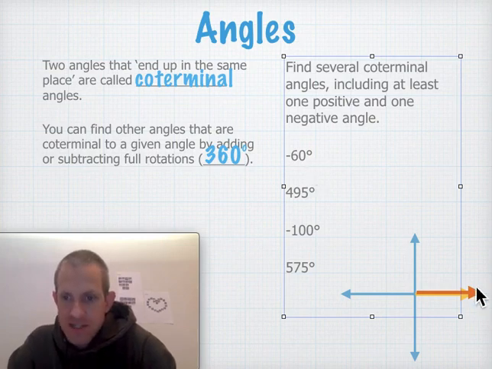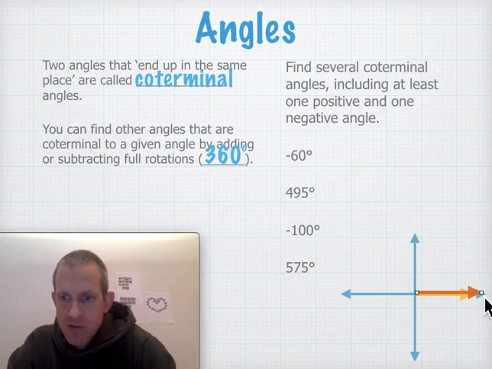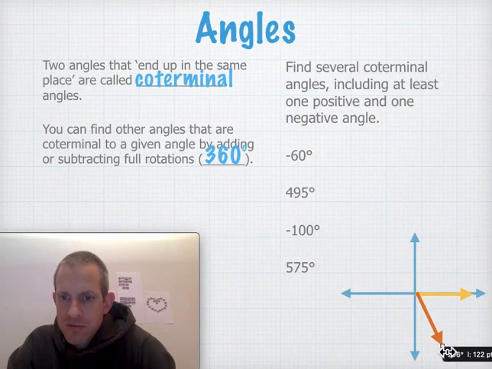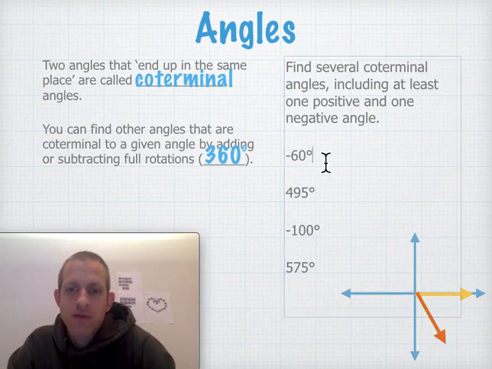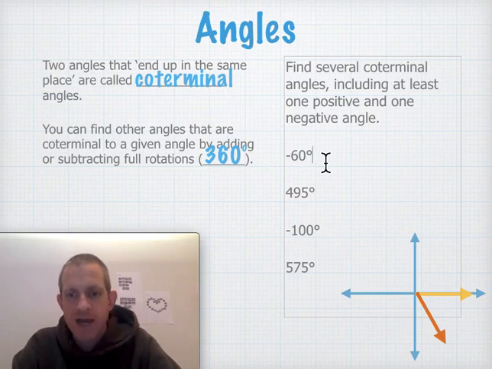So negative 60 degrees, if you wanted to picture that a moment, negative 60 degrees is down here. And in fact, there, it's at exactly 300 is where negative 60 is coterminal to. And how you could have calculated that without drawing it and having the protractor pop up would be to add 360 to it.